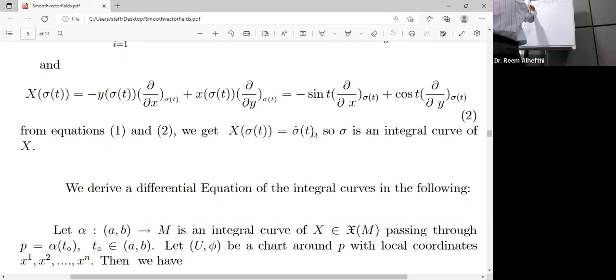Let sigma be an integral curve passing through a point.